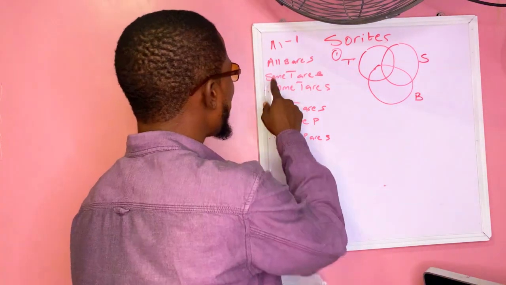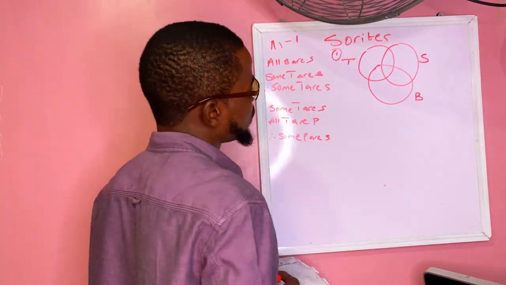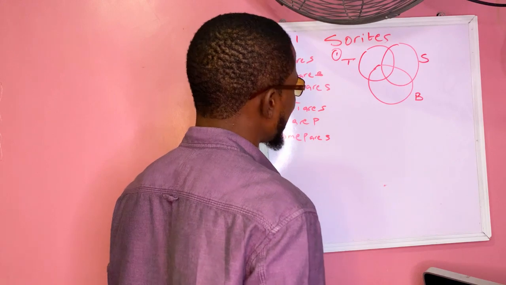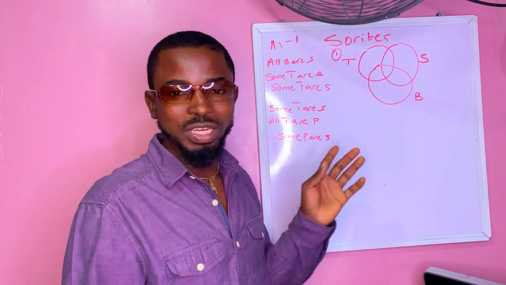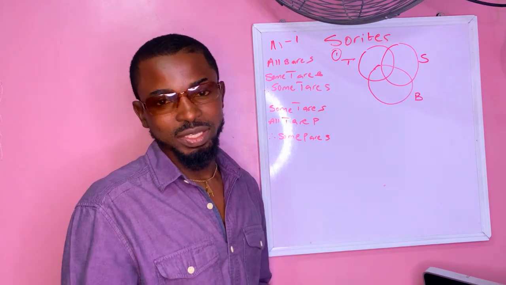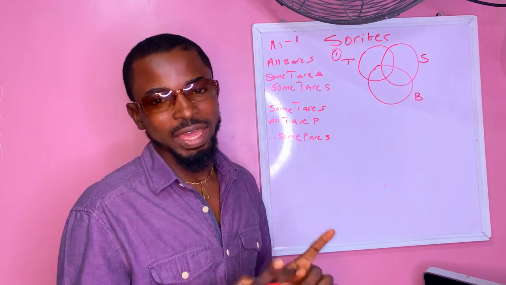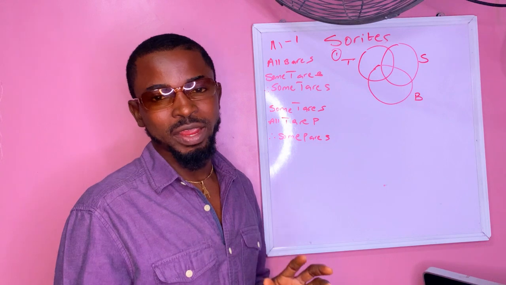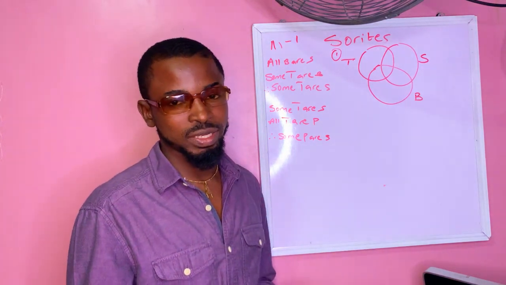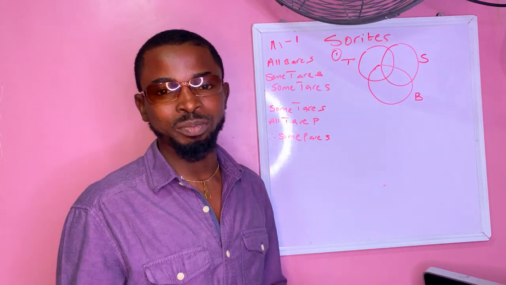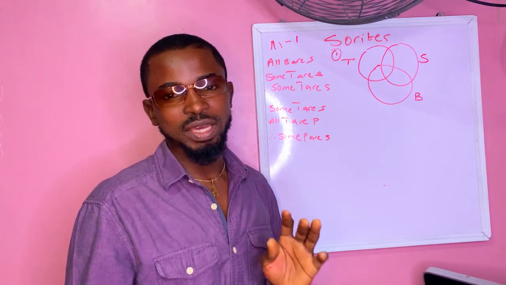So now, all B are S. If we say all B are S, that means we have to look for B that are not S to shade it off to indicate that it is empty, because all B are S. The only B that we are going to be sparing is the B that is S. Any B that is not S, we are shading it off to indicate that it is empty, because the proposition states that all B are S.